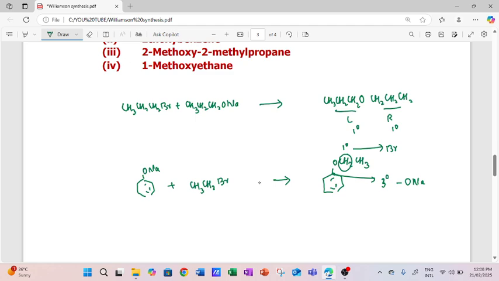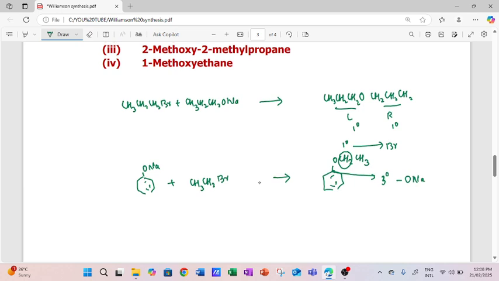Got it? Next, number 3, 2-methoxy, 2-methyl propane. First of all we will write 2-methyl propane. 2-methoxy means OCH3. This is methoxy. Then 2-methyl is 1, 2, 3.